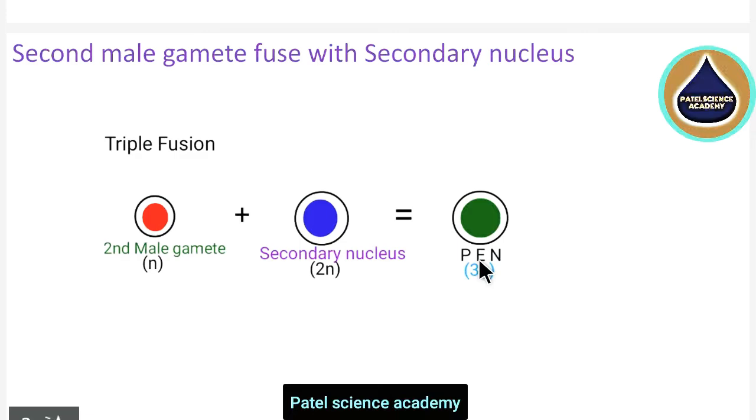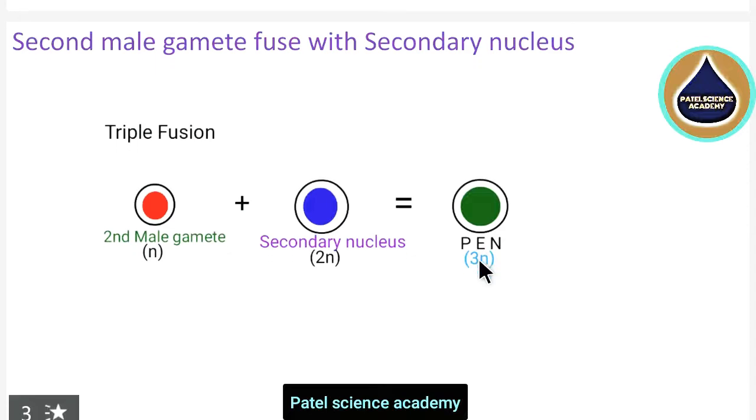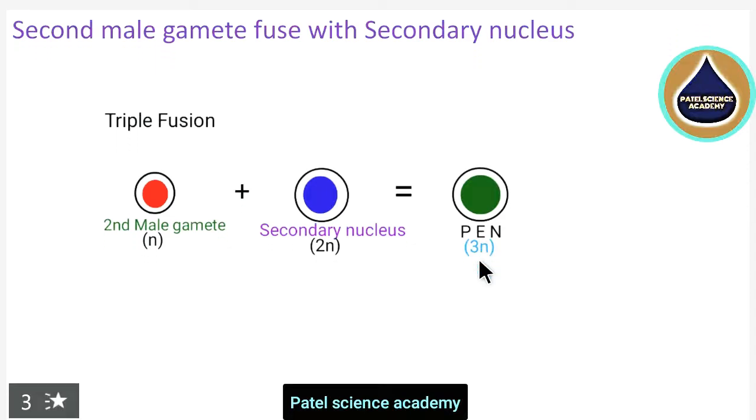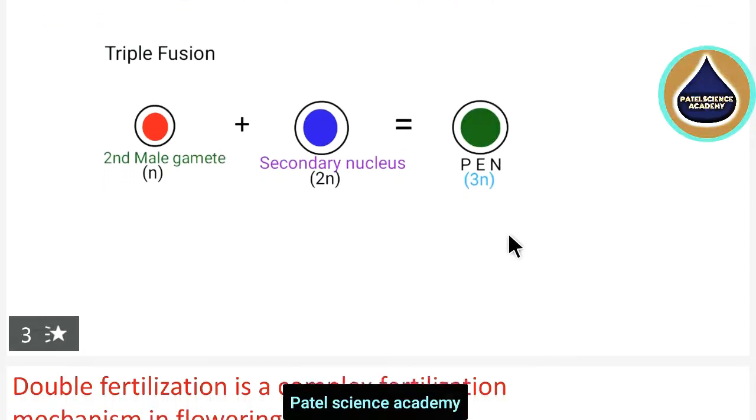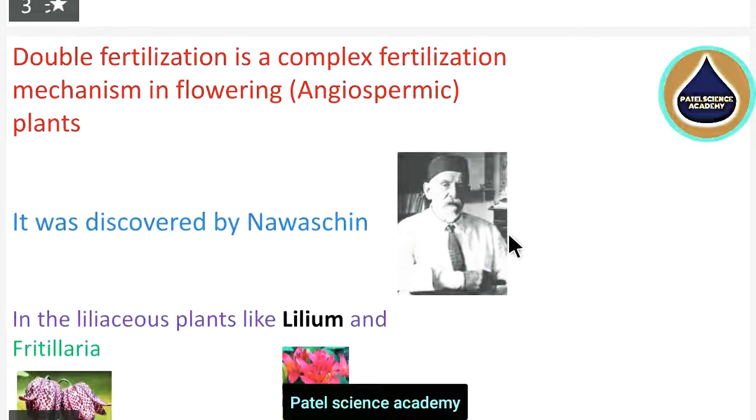So this is called second fertilization. So two fertilizations take place here. As the result of first one, zygote is produced, which is diploid. As a result of second one, PEN, primary endospermic nucleus is produced, which is triploid. That's why this is called double fertilization.